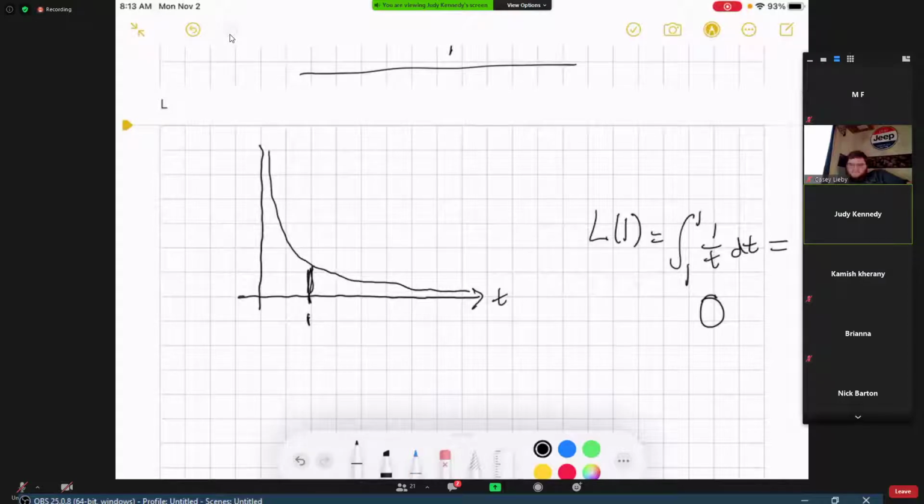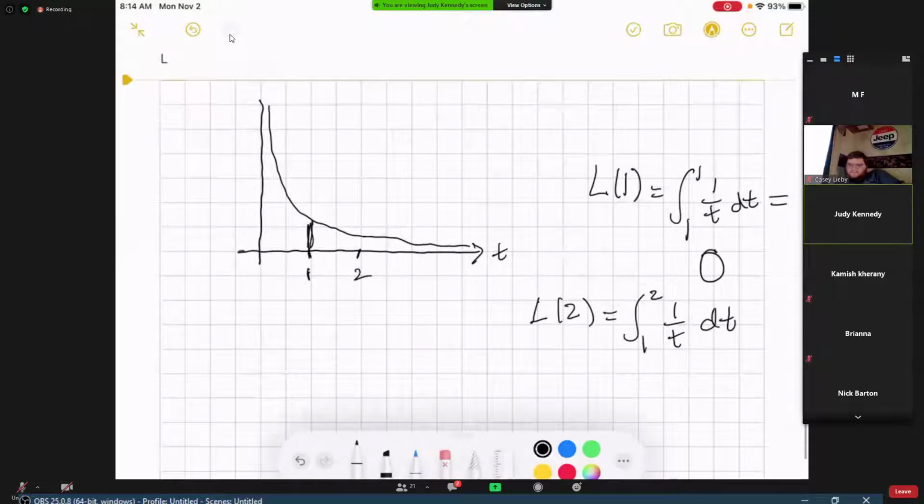If I look at L of 2, well, that would be the integral from 1 to 2 of 1 over t dt. And how can you interpret that integral?